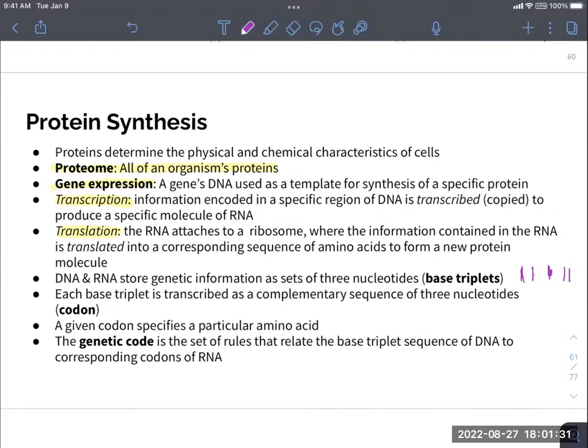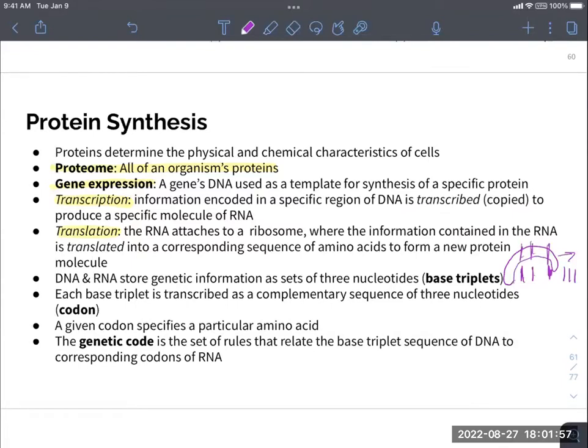Then we have another set, that's another base triplet. And we have what is known as a codon that travels along from one base triplet to the next base triplet. It matches up these amino acids with their matching pairs. Then it moves to the next set and does the exact same thing.